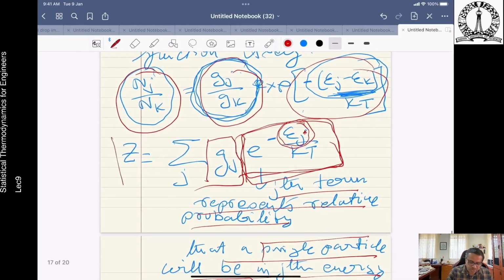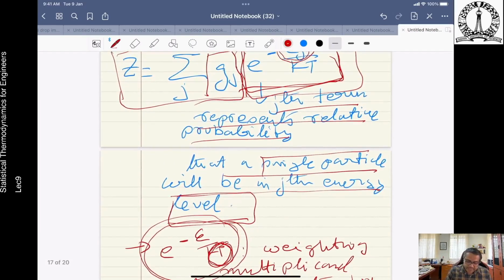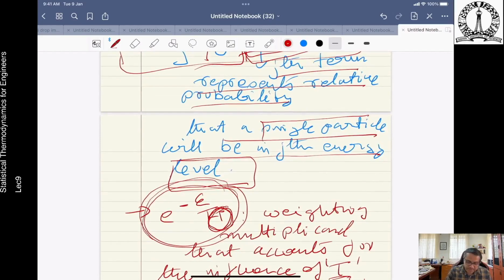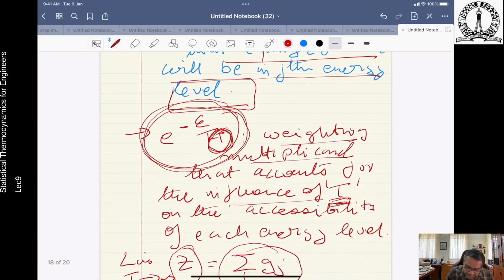This is the total molecular partition function, which represents the relative probability of a single particle being in the jth energy level, and the exponential term is a weighing multiplicand that accounts for the influence of temperature on the accessibility of each energy level.